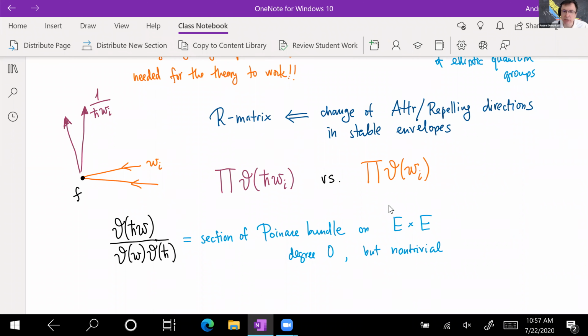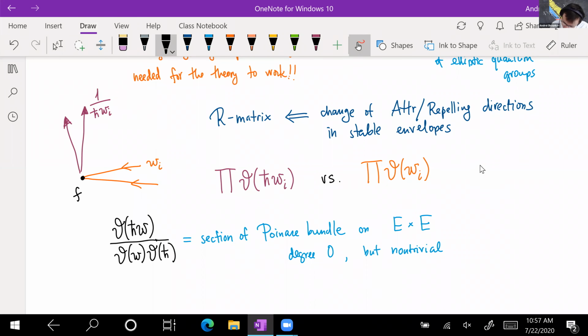So maybe this is a general remark: it's very convenient if you think of E as being a covariant elliptic homology of some group, C star, or maybe of a point, maybe U1.